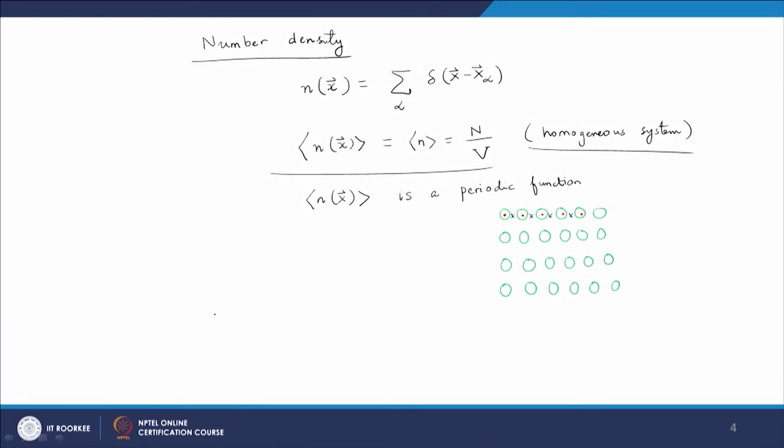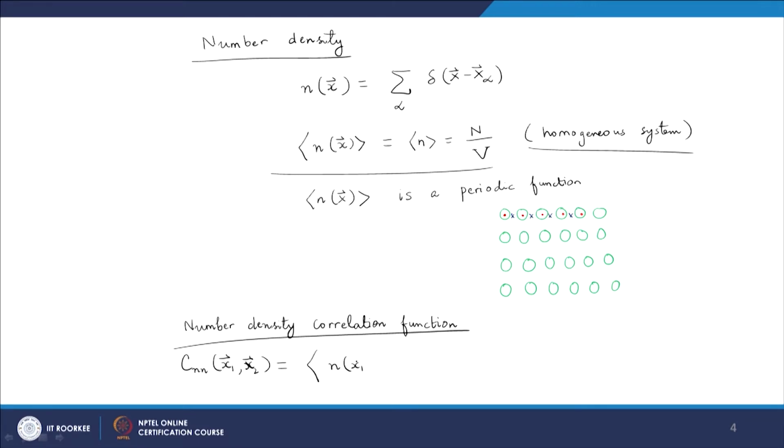So now I can define a number density correlation function, which is written as C NN of x1, x2 and is equal to the ensemble average of n of x1 times n of x2.